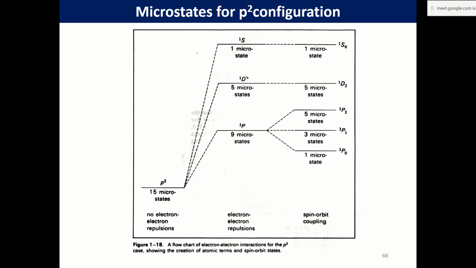When there is no electron repulsion, all the 15 microstates of the P2 configuration have the same energy. When you take into account electron repulsion and spin interaction, you have separation into triplets, with the triplet state much lower in energy as compared to the singlet states.